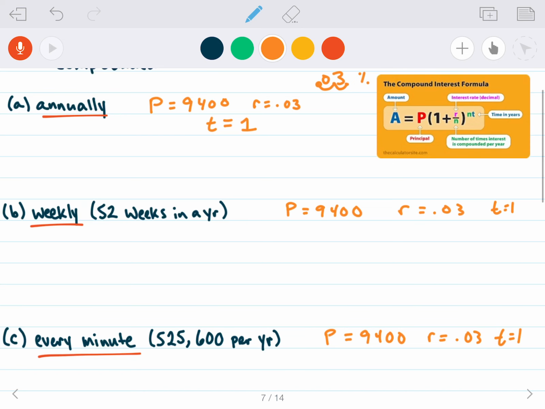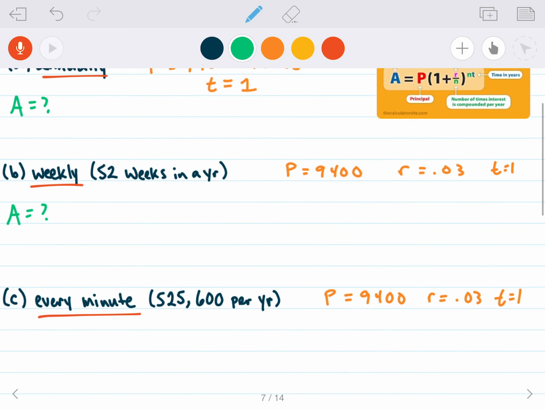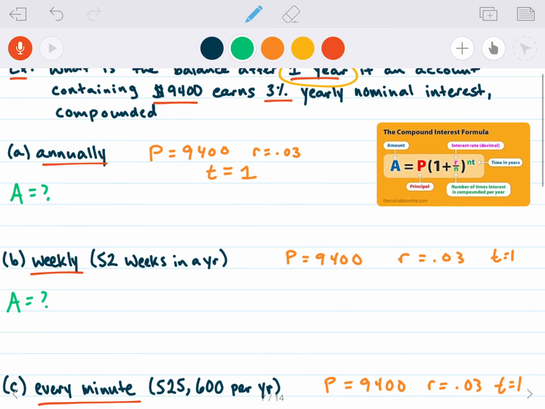Okay. Now we need to figure out what N is. And that's all we need, because in each case, we're looking for A. We're looking for the final amount that we end up with after a year of compounding, or exponential growth. So what does annually mean?